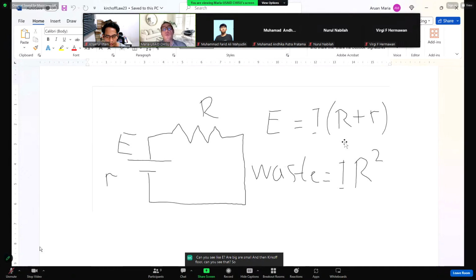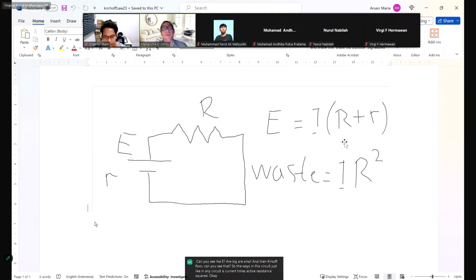So the waste in this circuit, just like in any circuit, is current times active resistance squared, okay? I hope you can remember that, but I will try to give you this picture. It's everywhere in every book, in every website, but I just would like you to know that the waste in the circuit is current times the active resistance squared.